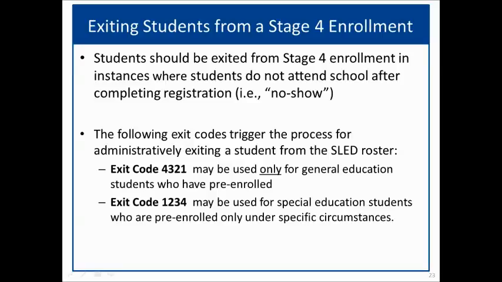This code should only be used for general education students that are pre-enrolled at your LEA. We also have exit code 1234, which should be used for students in special education services.